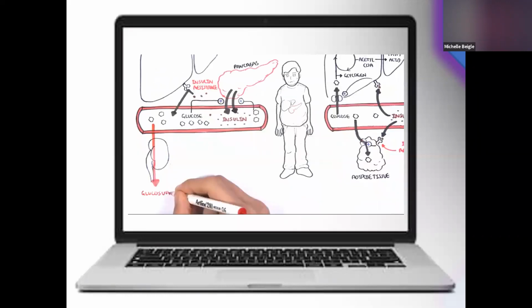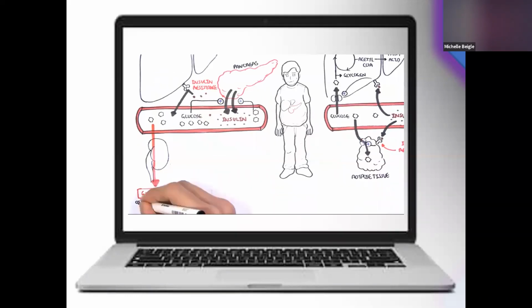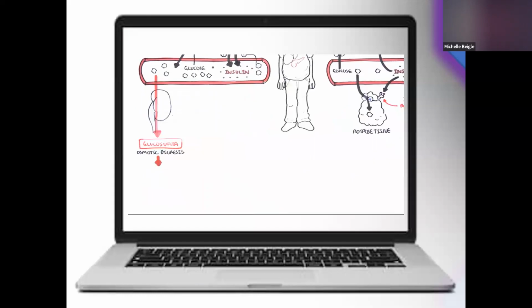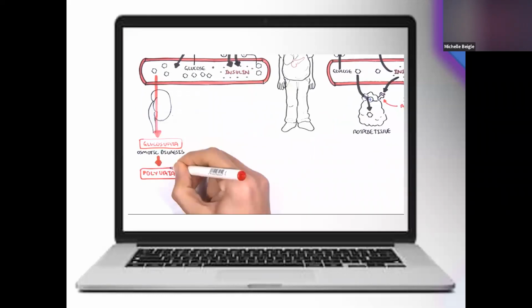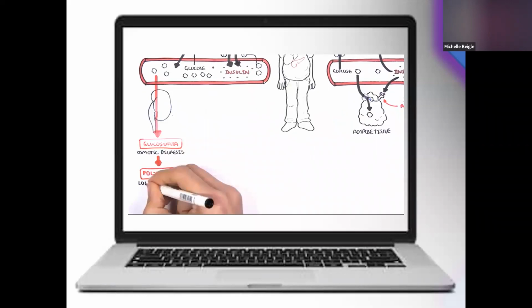This is called glucosuria. Glucosuria will result in osmotic diuresis. What does that mean? Well, glucose will essentially drag water with it because it is a solute. And so the person will start peeing more, polyuria. With constant polyuria, you get loss of water and you get loss of electrolytes.